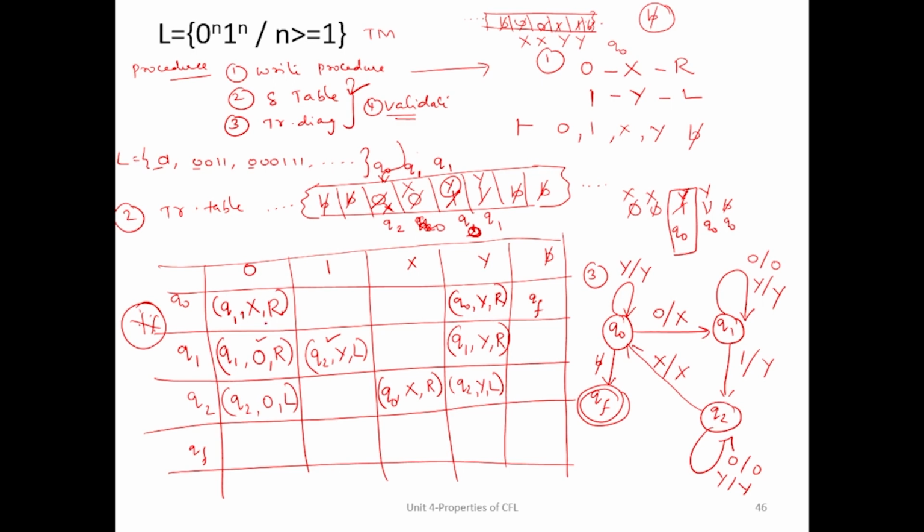That's all. So how many functions are there? 4, 8, 9. So those 9 outputs will be drawn as outpaths. So this is the transition diagram. Then validation. Validation will be discussed in the next class. Thank you.